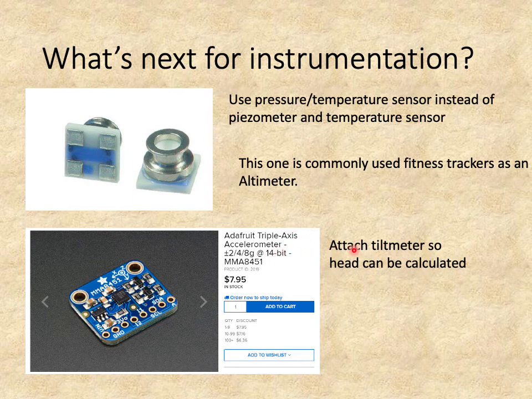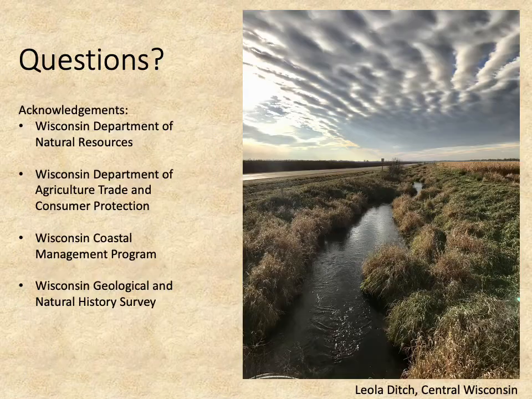And then the other thing we thought, well, let's put a tilt meter on here too, so that we know what angle we're doing this at, and it's recorded automatically. We can then use that to calculate our head measurement and spend less time worrying about trying to measure angles. The instrument will do this for us. And again, you can see they're not so expensive.